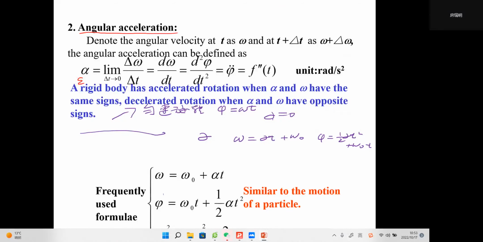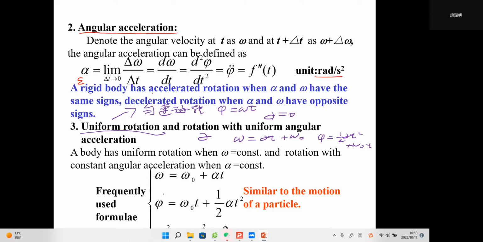So when you see some figures using that letter, you should know it means the same thing. It's double dot of phi or f double prime t. Its unit is radians per second squared.